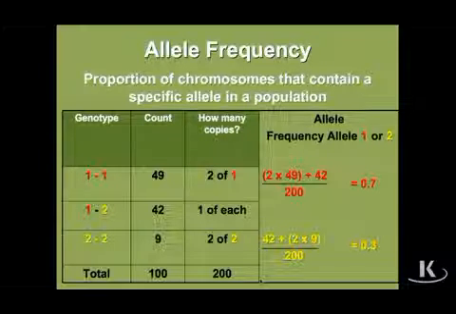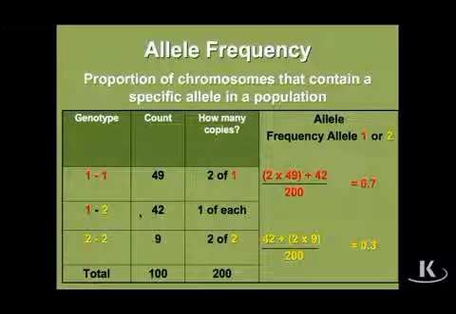The calculation for the allele frequency of allele 1 is shown in red in this slide, and we determine this by simply counting up the number of copies of allele 1 in this population and then dividing by the total number of genes, 200. Since there were 49 people who were homozygous 1-1, each of those 49 people has 2 copies of allele number 1. So there are 2 times 49, or 98 copies of allele number 1 in those people.